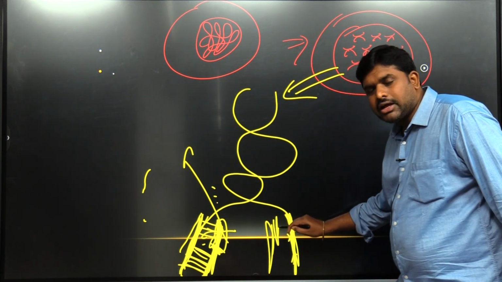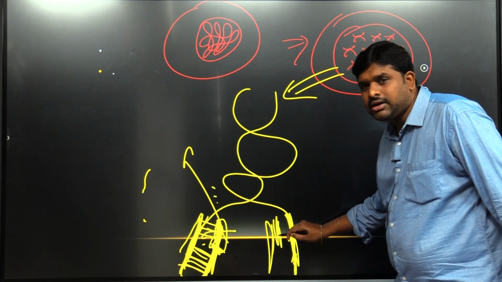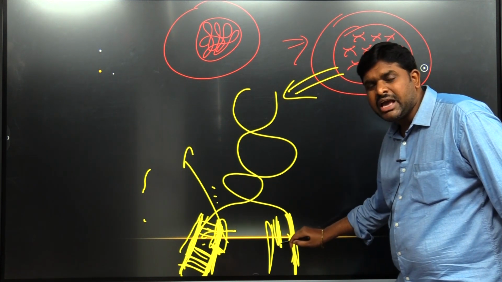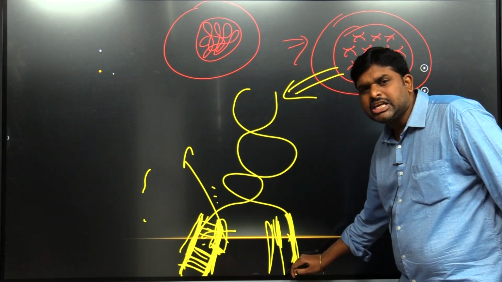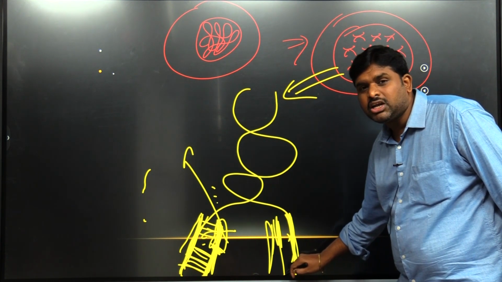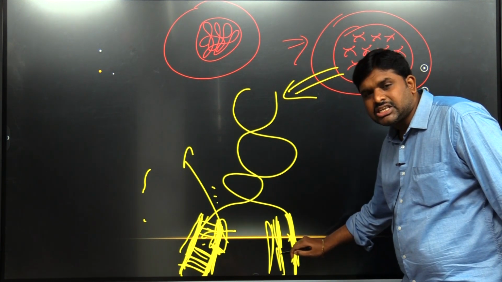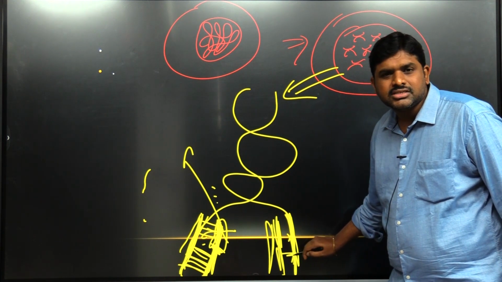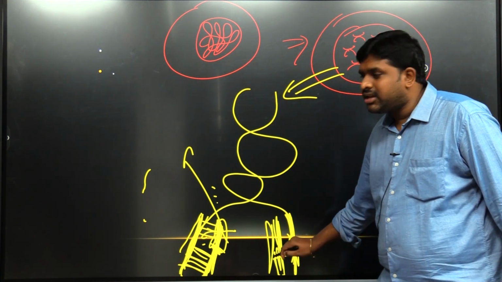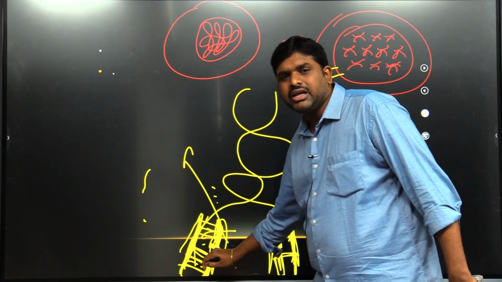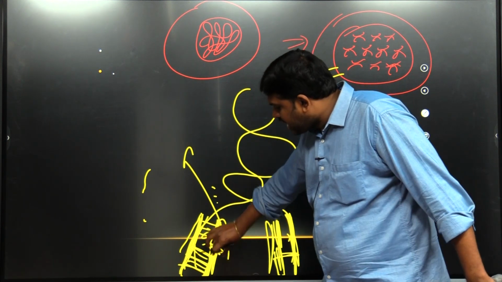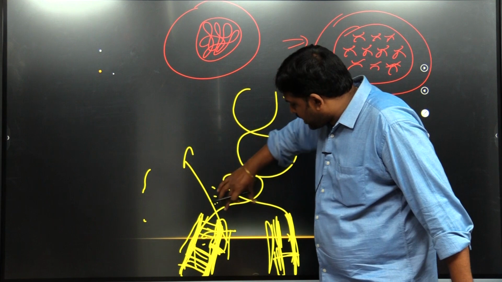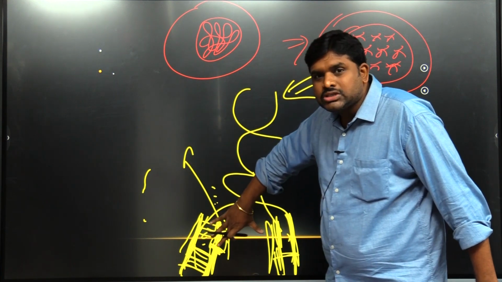An RNA strand will come, initiation will start, and when initiation has started, a base has been formed. Then DNA polymerase will be responsible for the formation of the daughter DNA strand, which will match with the parent DNA strand. So a parent DNA strand, a daughter DNA strand, a daughter DNA strand, a parent DNA strand. In this way, one strand has become two strands.